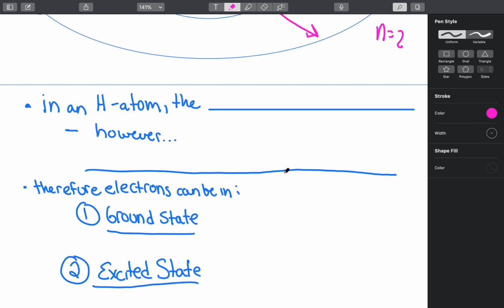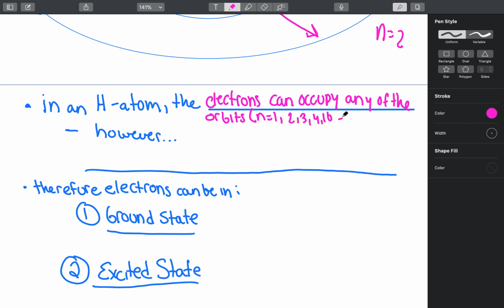Okay, so it is important to note that in the H atom, the electron can occupy any of the orbits. So it can occupy n equals 1, 2, 3, 4, 10, etc. So it can occupy any of these energy level orbits.